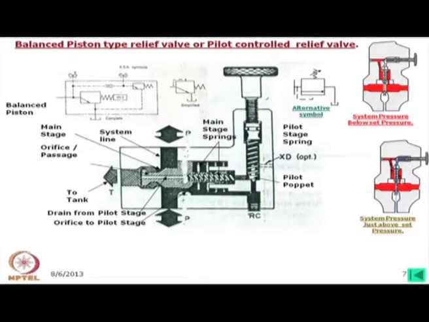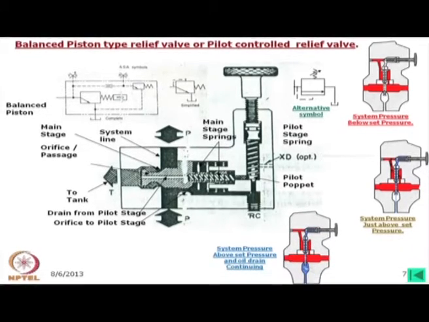So, the difference between these two pressure forces at one point will be higher than this spring force and this will open. Ultimately this poppet will open and the flow will go through this drain line to the tank.